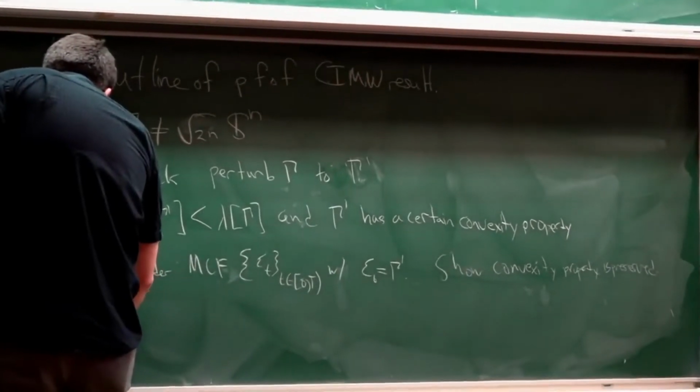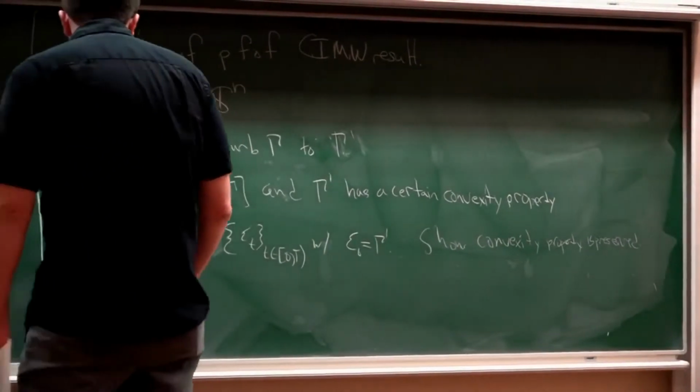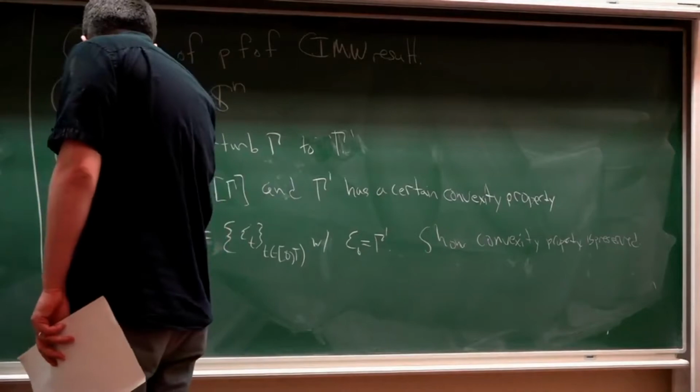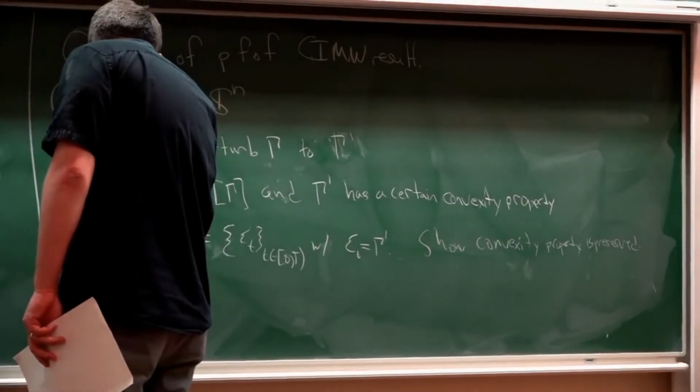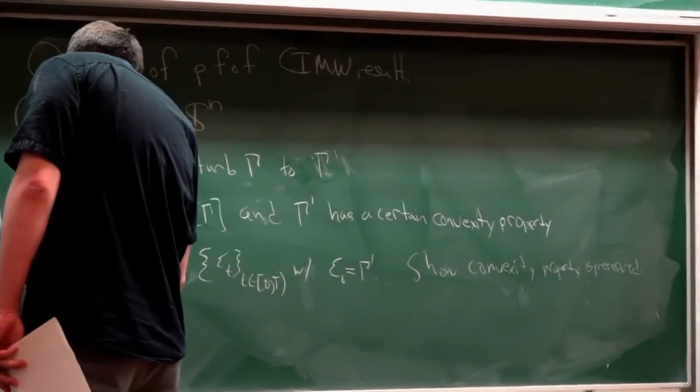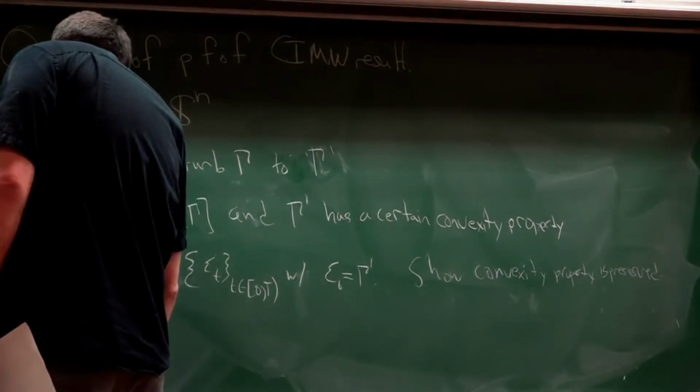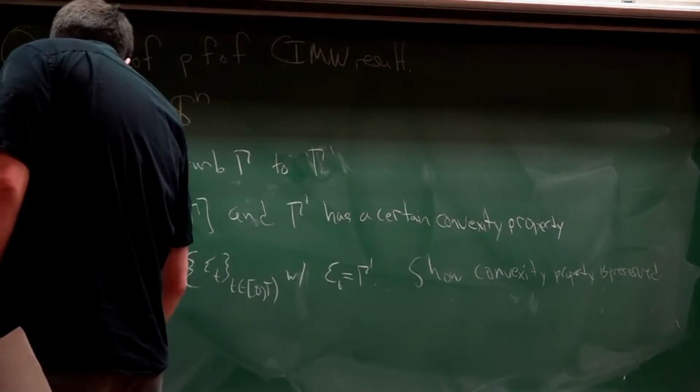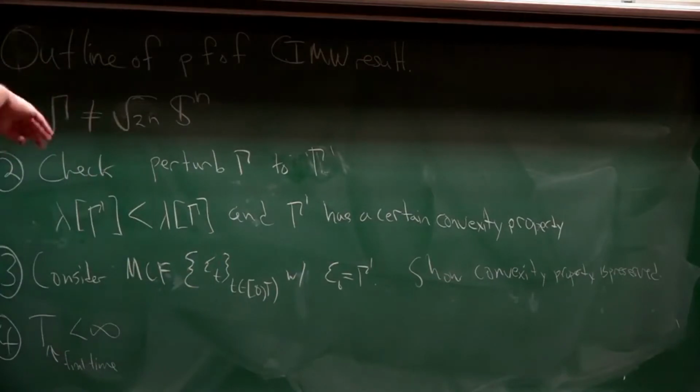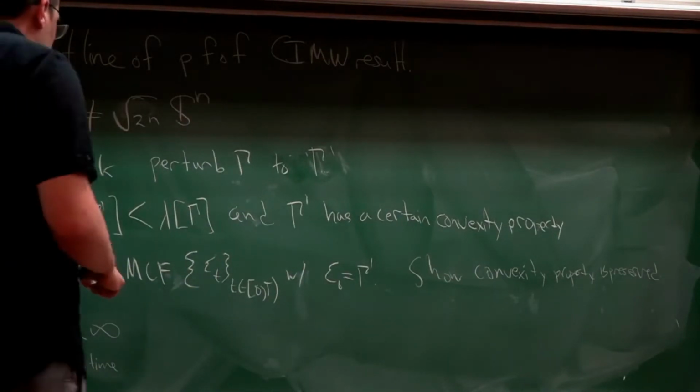And then the fourth step is to observe that, of course, the final time T is less than infinity because we're starting with closed initial data.